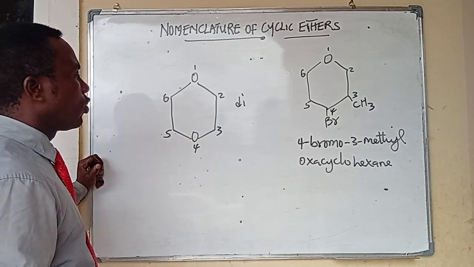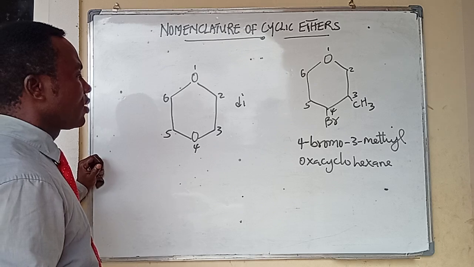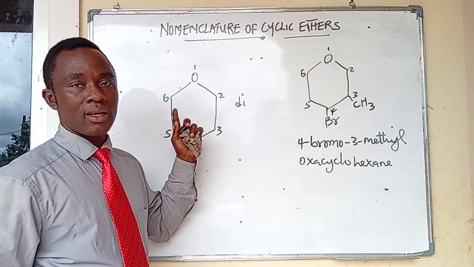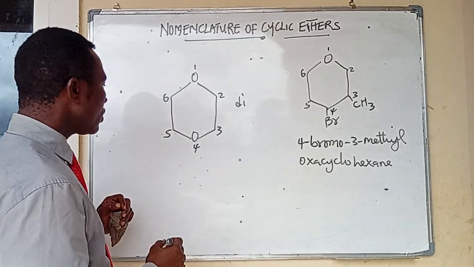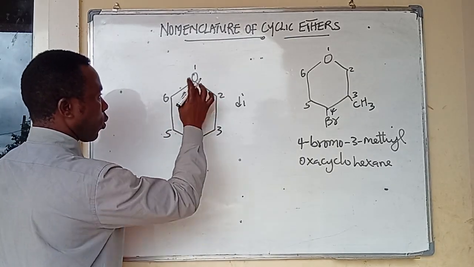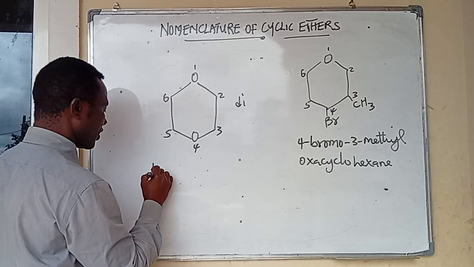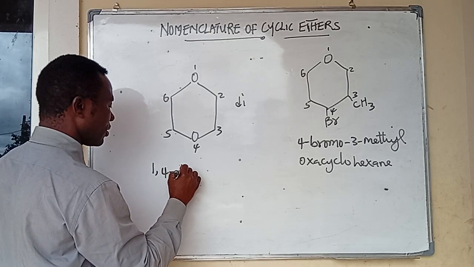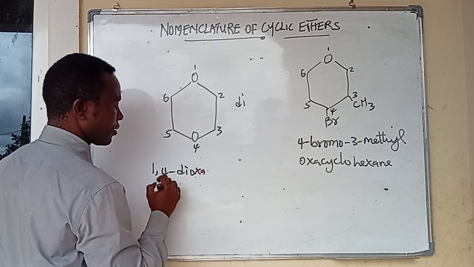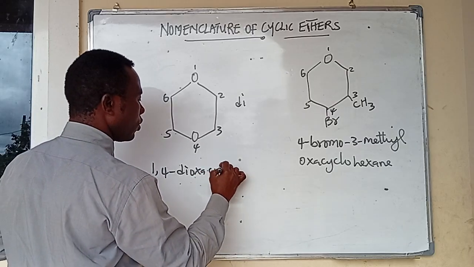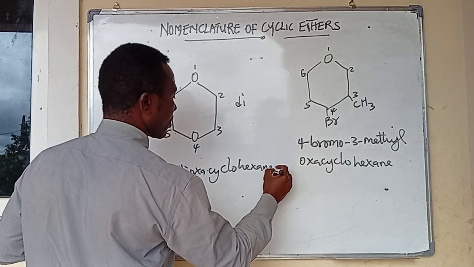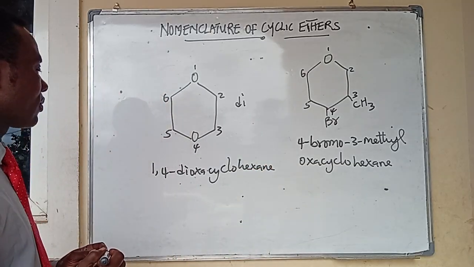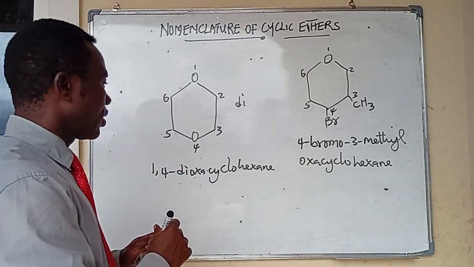So if we want to name, it will be dioxa, because oxygen is now 2. So this is 1 and 4, position 1 and 4. So this is 1,4-dioxa. Then you have cyclo, of course, hexane. That is 1,4-dioxacyclohexane.